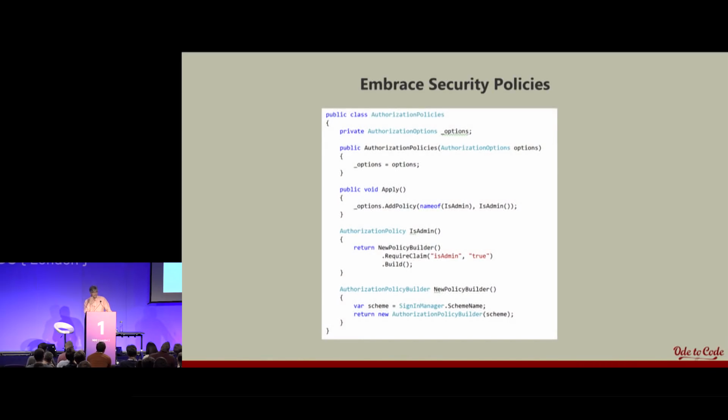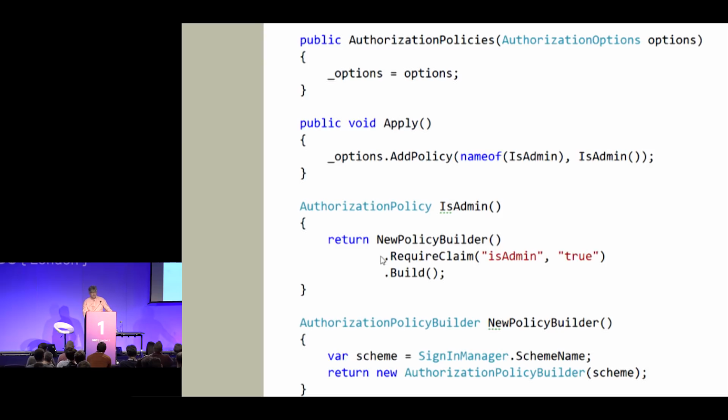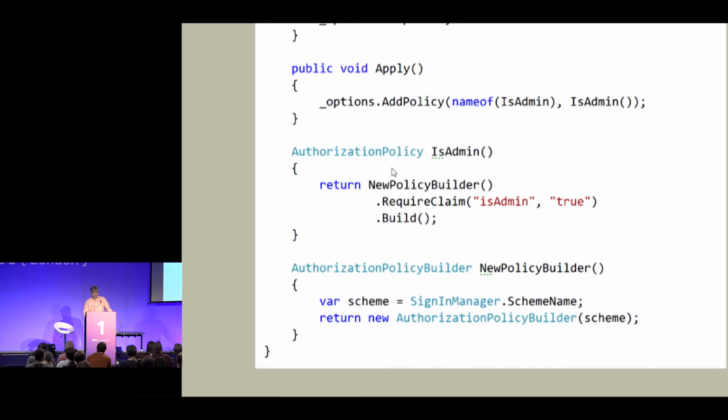Embrace security policies. If you haven't worked with ASP.NET Core 2.0 security policies, they're a really nice way to program authorization rules into your application. So this particular method right here is an example of creating an authorization policy in ASP.NET Core by saying, I want a new policy builder.